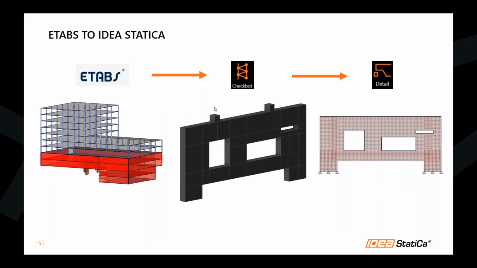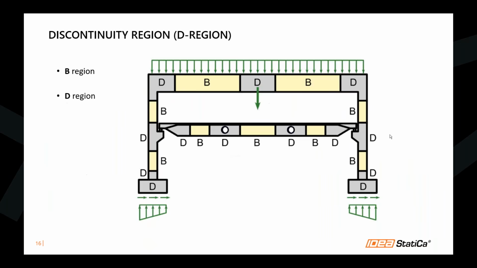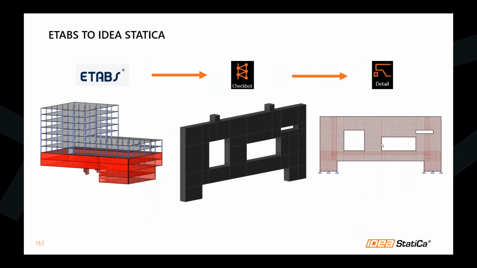Right, so as I mentioned, the model will be coming from ETABS. Then we will transfer it to our application IDEA StatiCa Checkbot before going into IDEA StatiCa Detail. So actually, I want to talk about why we need this kind of workflow.